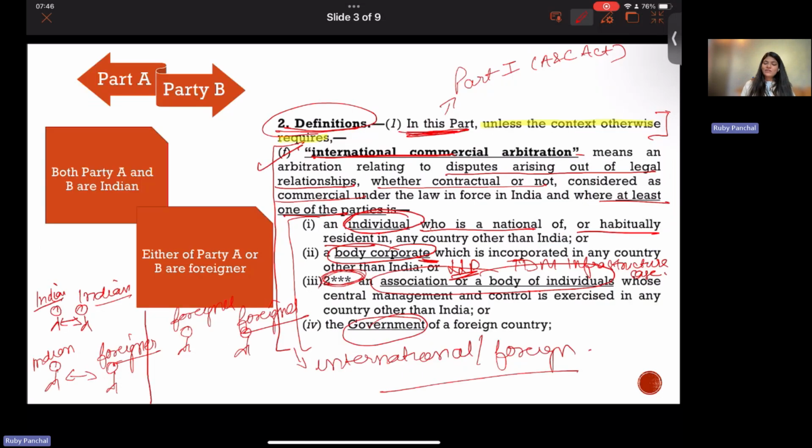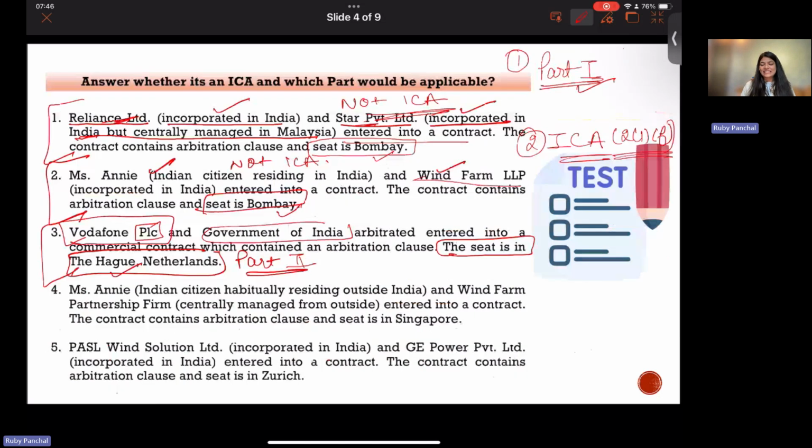Should we apply the definition of 21F to Part 2 as well? The answer should be no here. So we will not apply this definition as is. In the second leg of this video, we would figure out how to define ICA if it's not by the application of 21F, right?